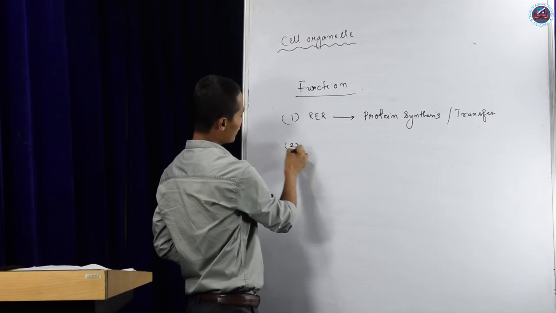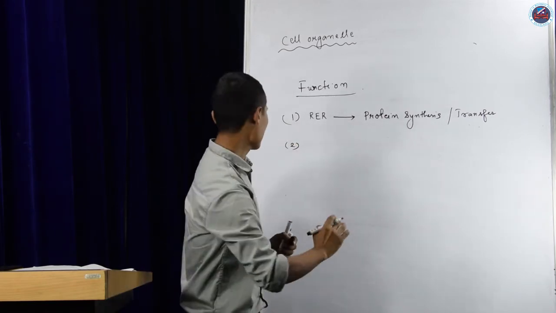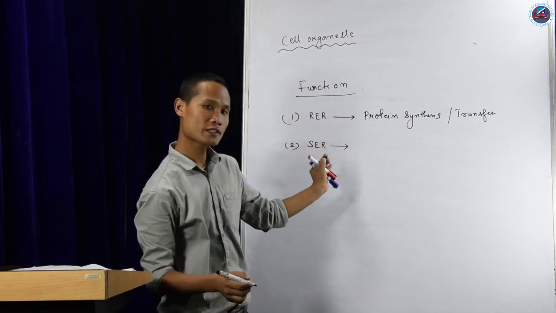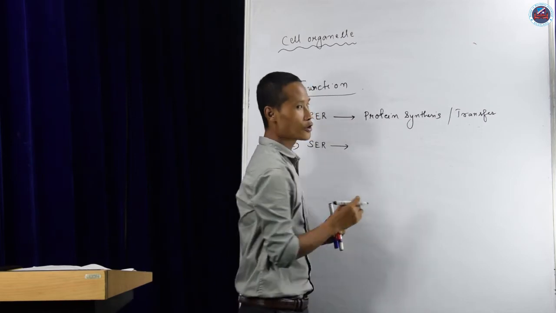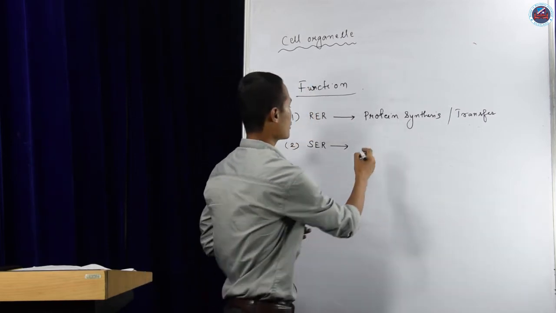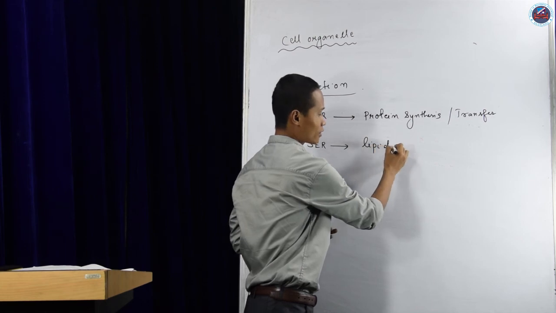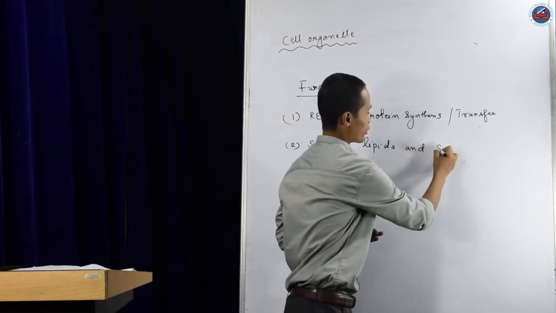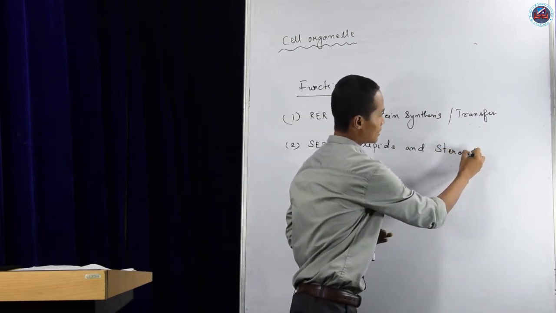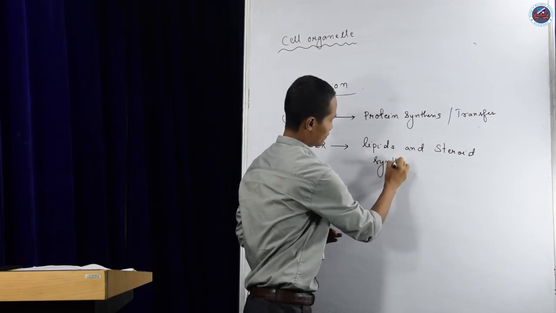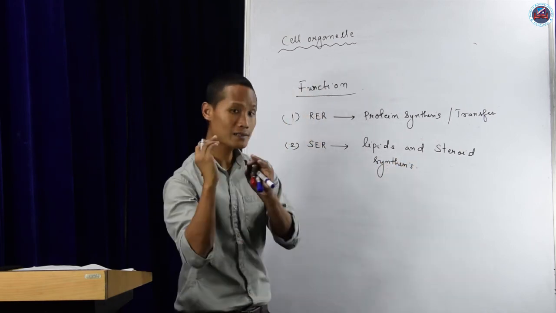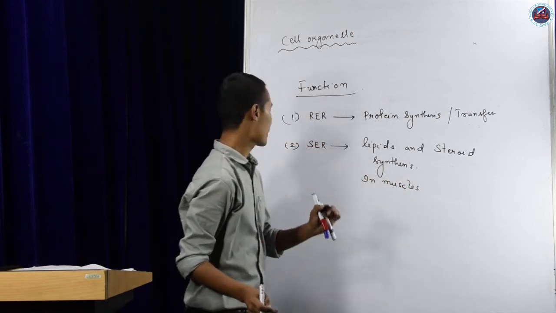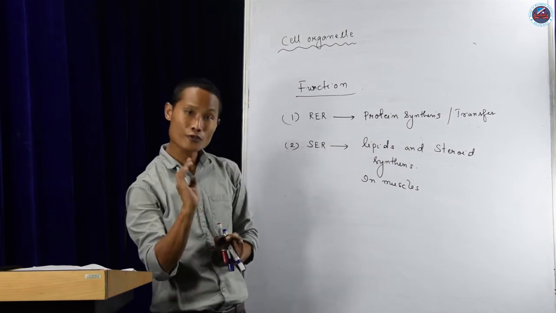Point number 2 to be remembered is the SER. The function of SER is the formation of lipids like fats, and steroid synthesis. In muscle cells, you will find smooth endoplasmic reticulum, not rough endoplasmic reticulum.